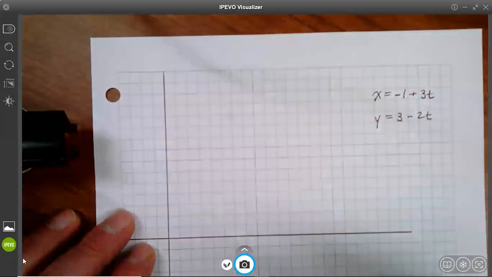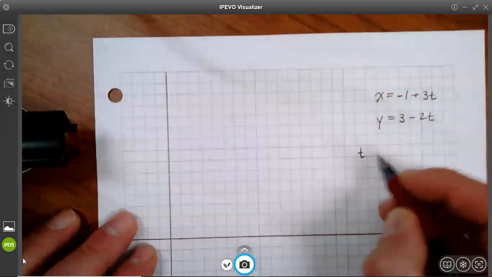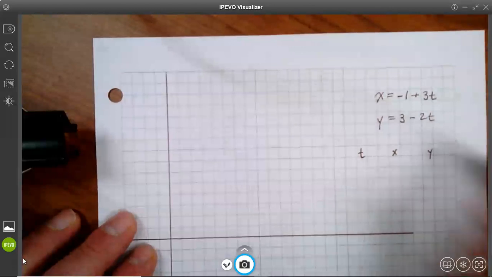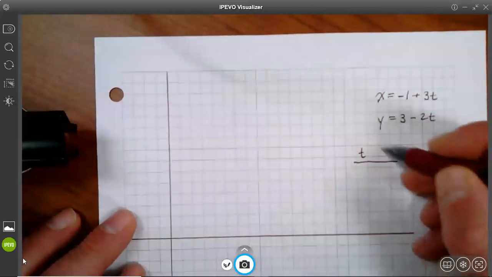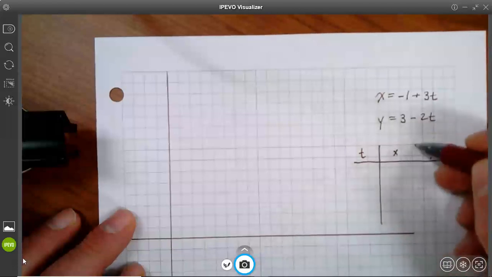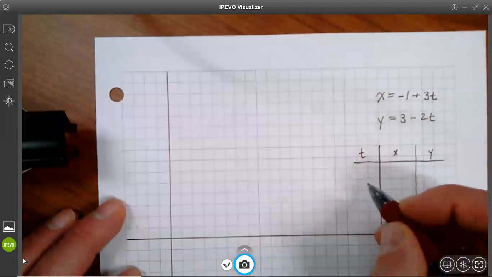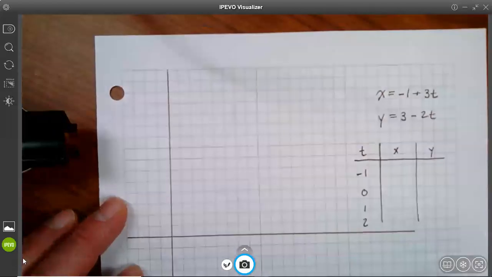And to help keep track, I'm going to put them all in a table. So I have t, and then I have x, and then I have y. I'll put -1, 0, 1, and 2.